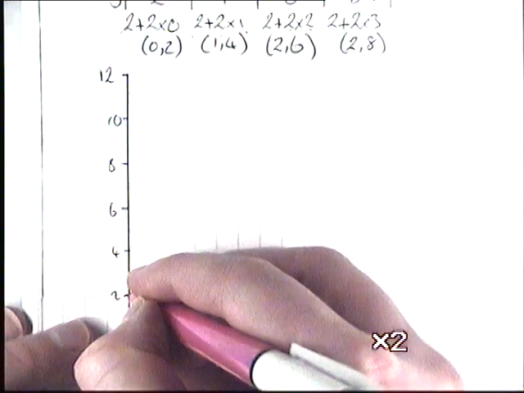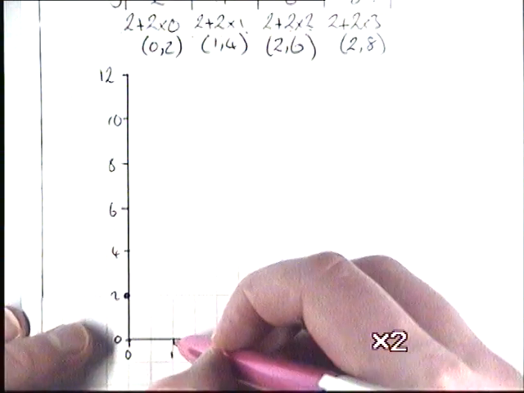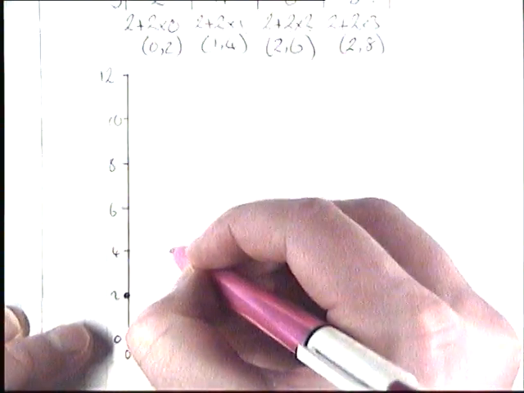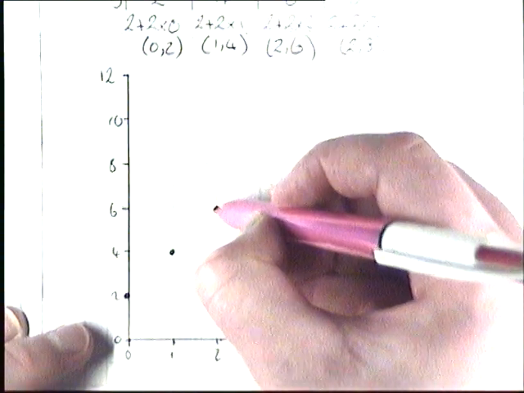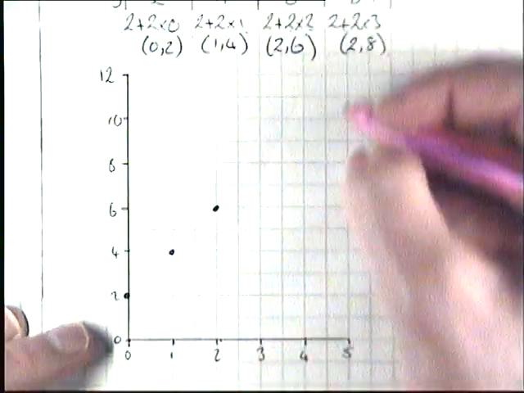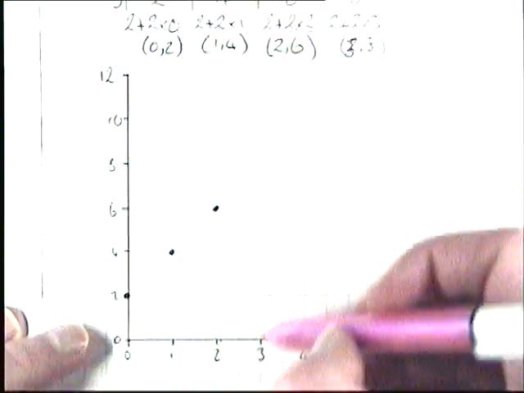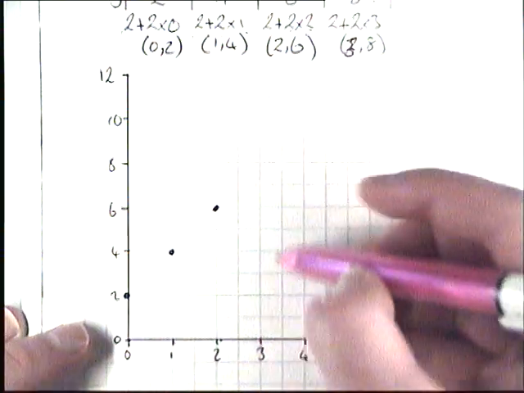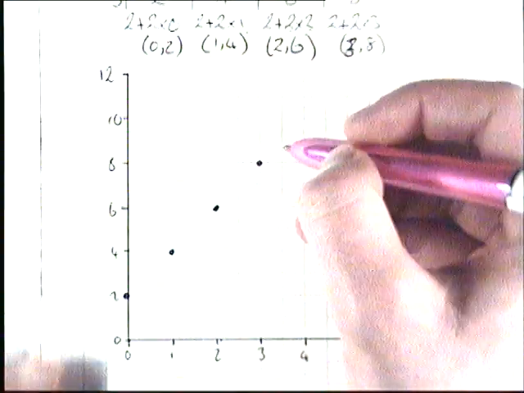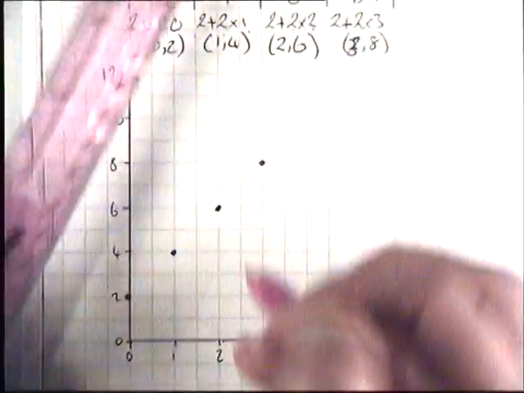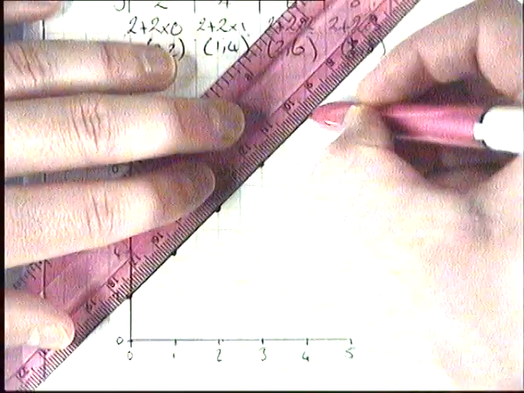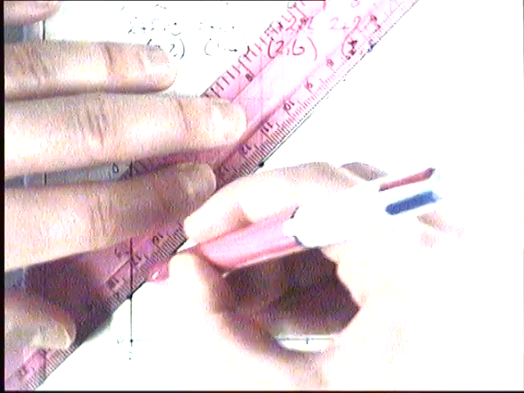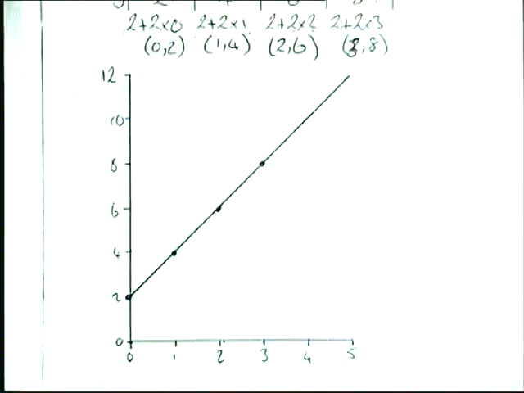So 0, 2, 1, 4, 2, 6, and 3, 8. And we're going to join all of those up with our ruler, going right to the edge of our axes again.